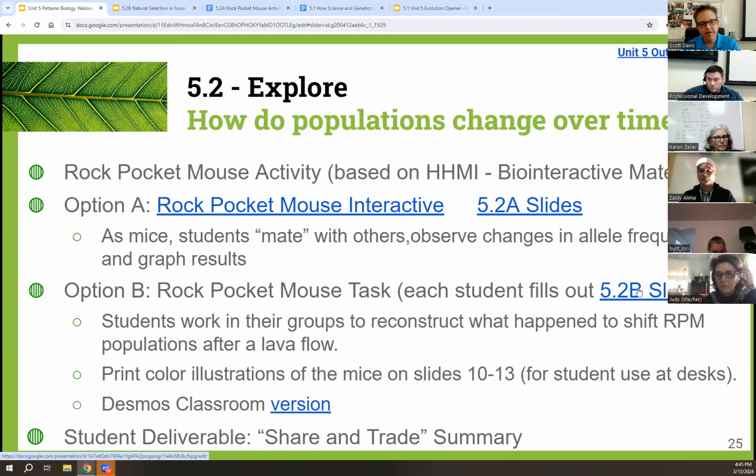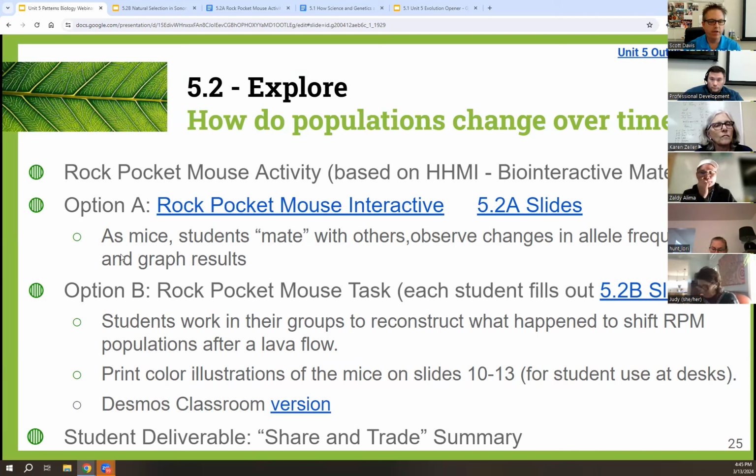And to be honest with you, if you're pressed for time and you need to do this in one day, option B is probably the way to go, because you can print out those color photos and have the kids at their desk count the number. The Desmos version that Jason made is very quick and easy to get through.